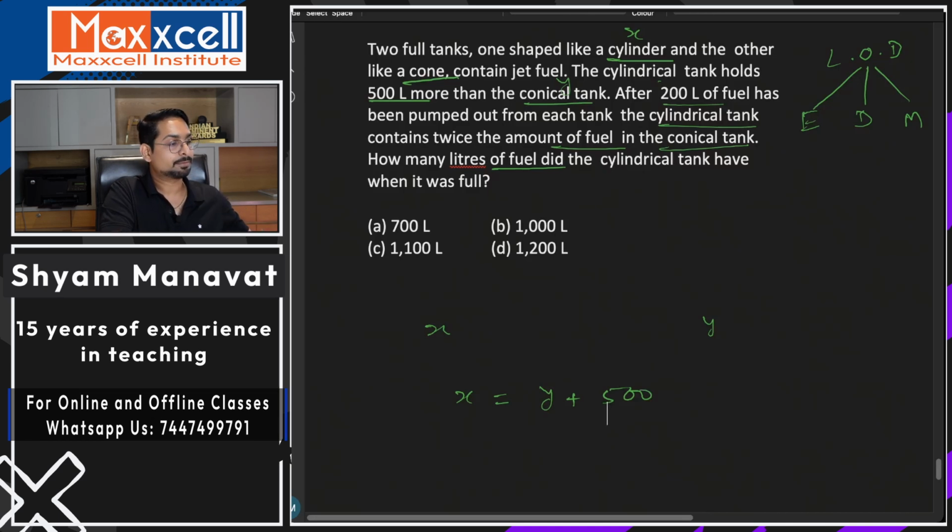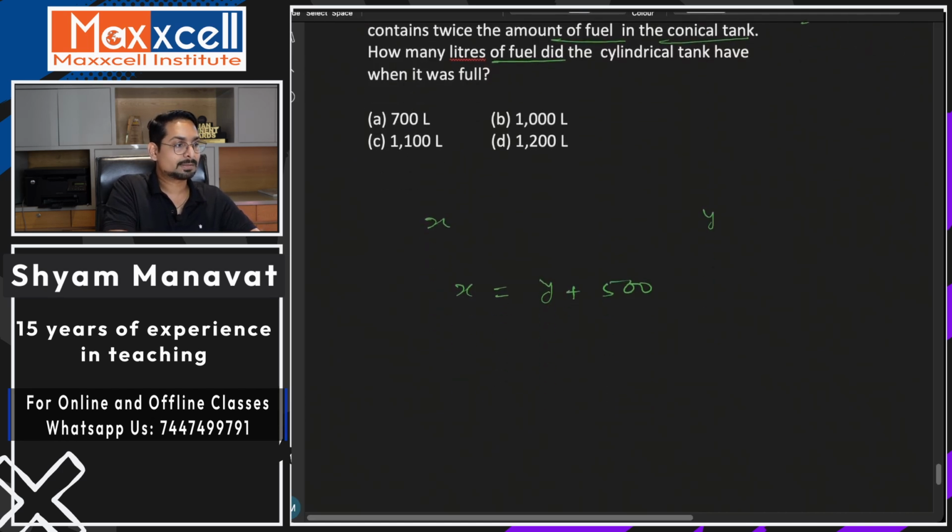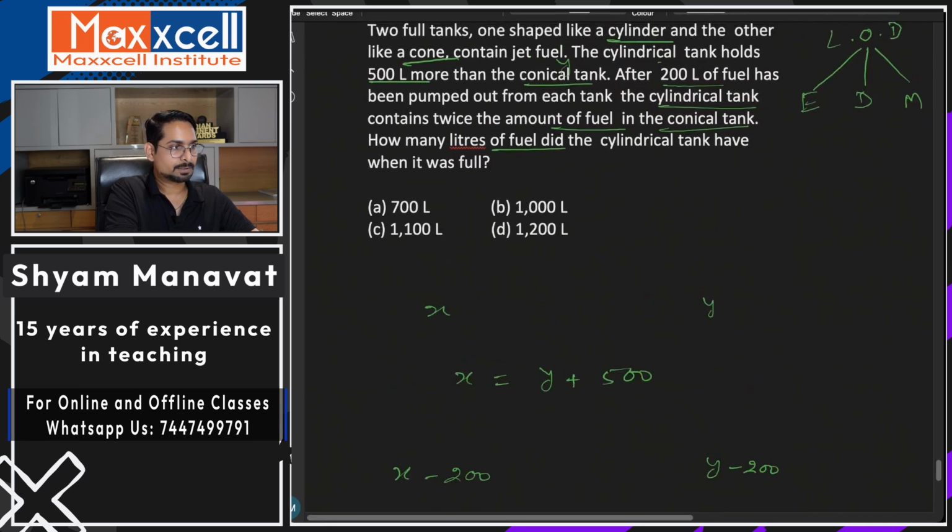Now, if you take out 200 liters from each, the fuel in the cylindrical tank now is X minus 200 and the fuel in the conical tank now is Y minus 200, as per the question, after 200 liters of fuel has been pumped out.